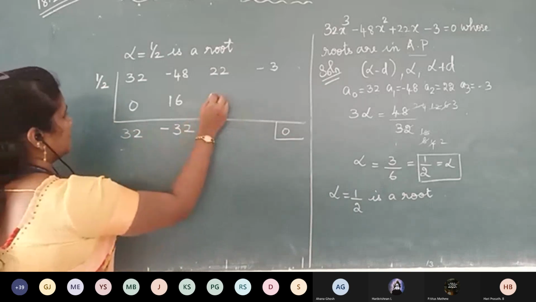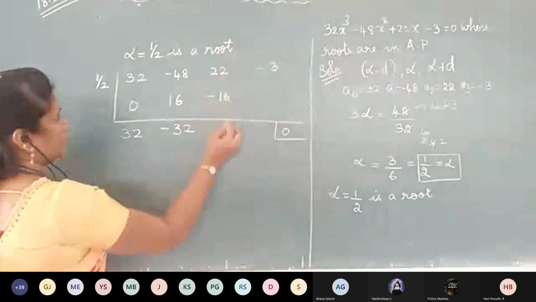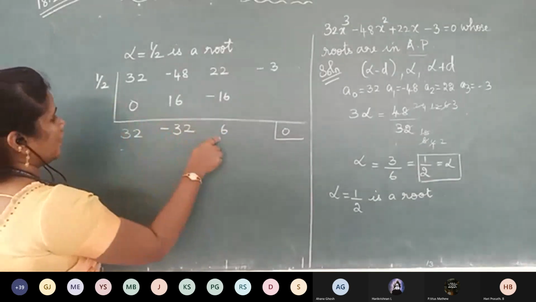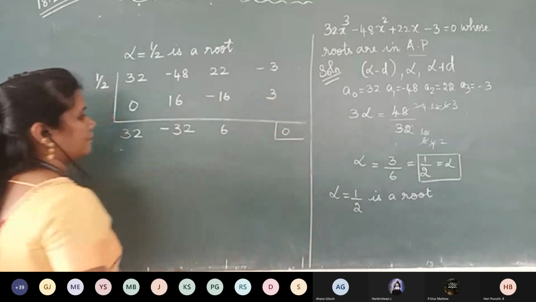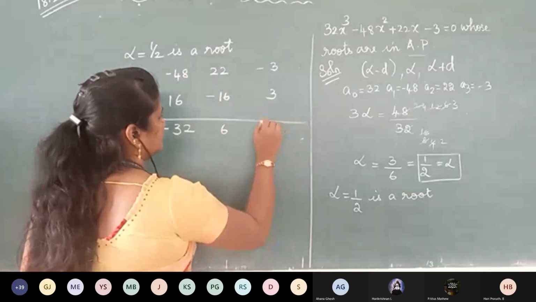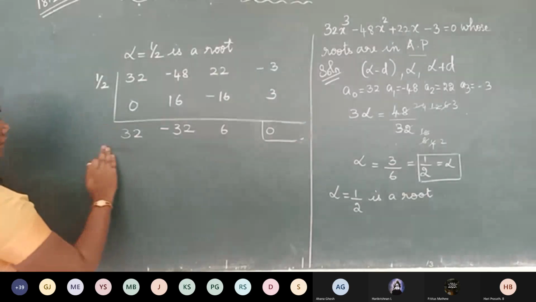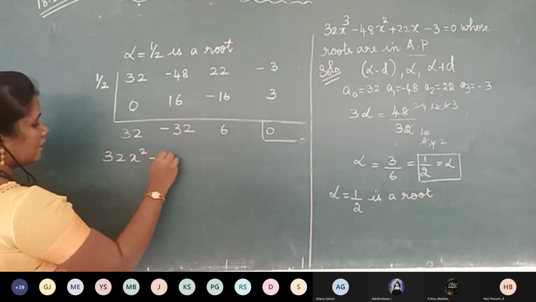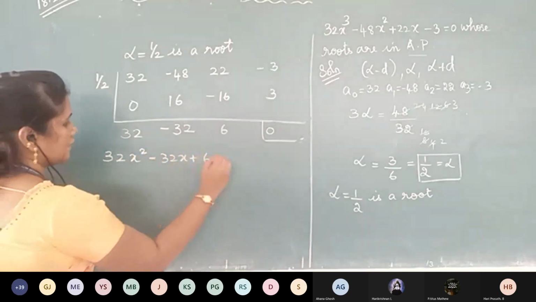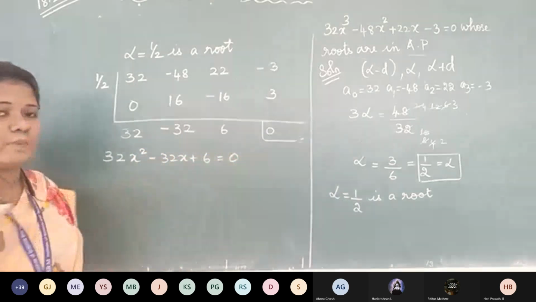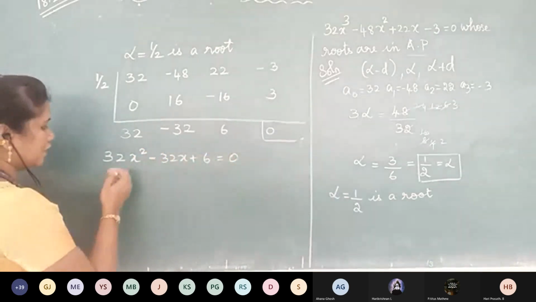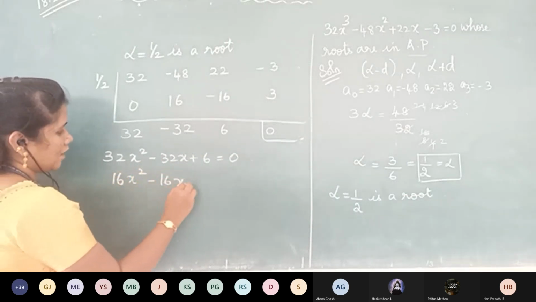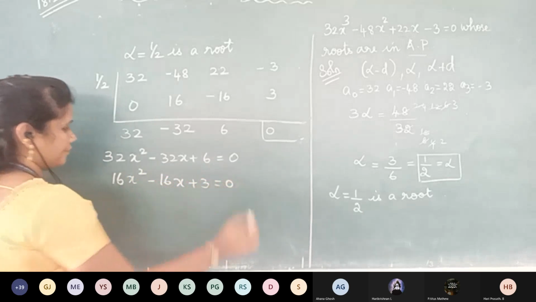Again by 2, it will become minus 16. When you add, you will have 6. Divided by 2, it will become 3. Then 0. With the terms here, write the equation 32x square minus 32x plus 6 equal to 0. Divide by 2 throughout so that it will be easier: 16x square minus 16x plus 3 equal to 0.